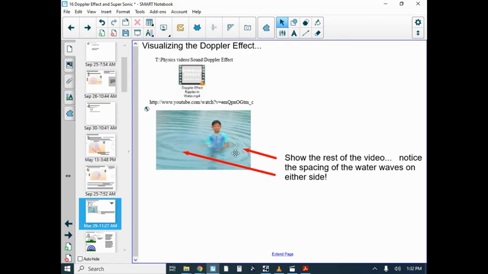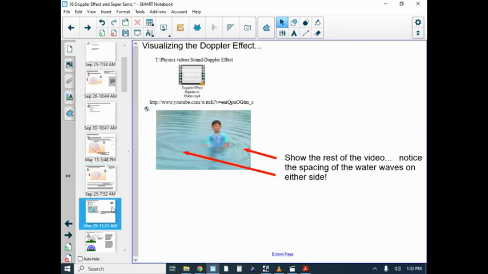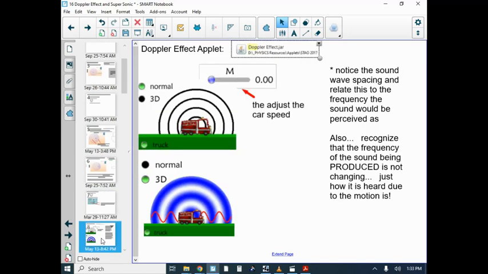We already showed this part, when they're compressed together versus spread apart. The nice thing here is we have a sound wave, which we now believe, and are justified to know, is actually a mechanical wave. And we have yet another physical wave, water waves, that behave the exact same way. So the model is good.